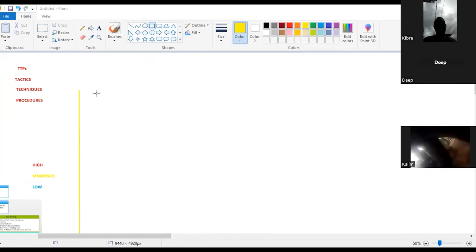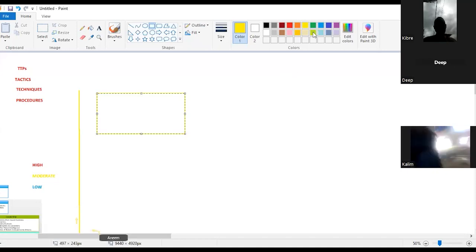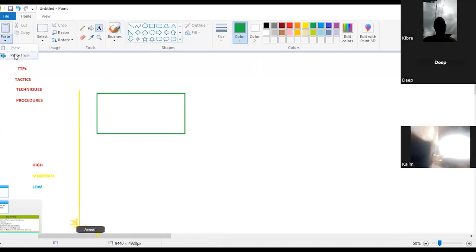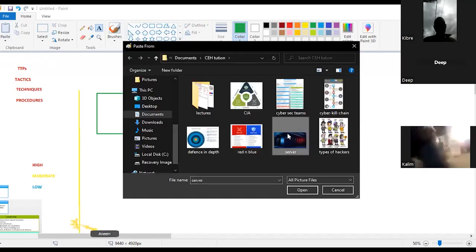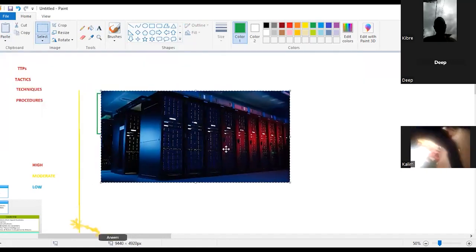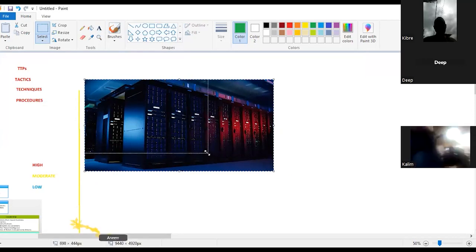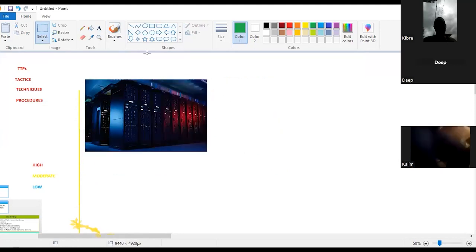So here we have an organization, and in that organization we have a server.